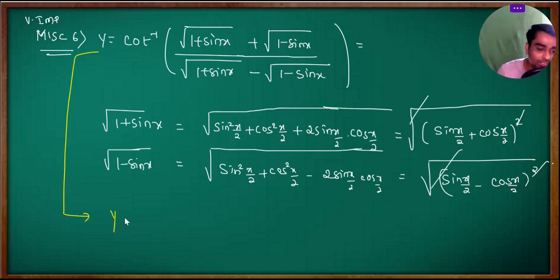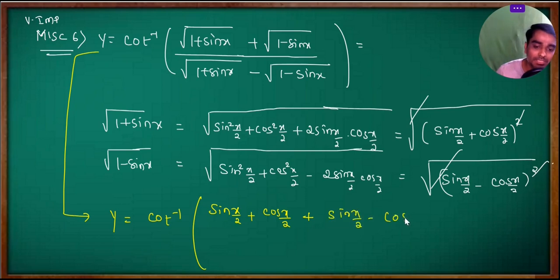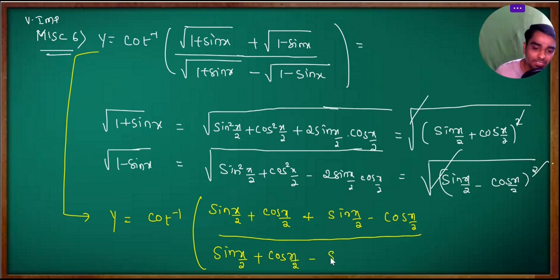So y equals cot inverse of, what is root of 1 plus sin x? It is sin x by 2 plus cos x by 2, and plus here what is this, sin x by 2 minus cos x by 2, correct, whole divided by, again repeat the same term, sin x by 2 plus cos x by 2 minus, let me write this in the bracket because there is minus outside, sin x by 2 minus cos x by 2.